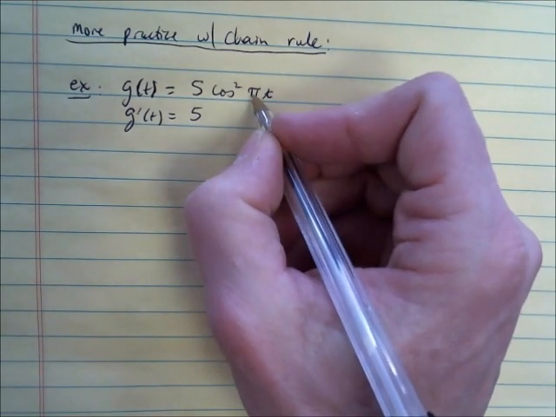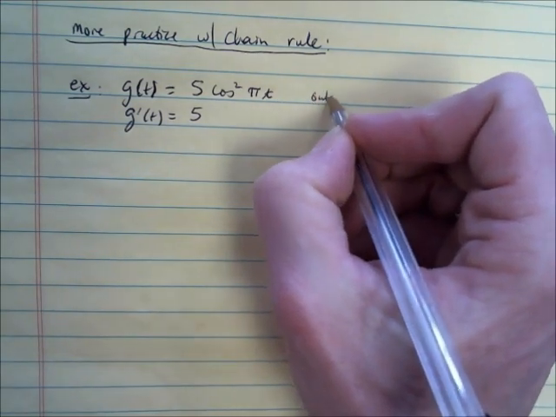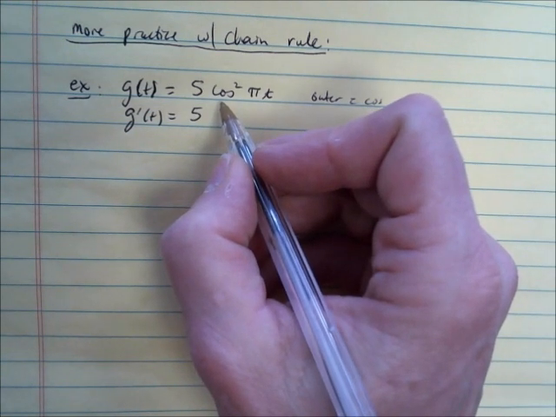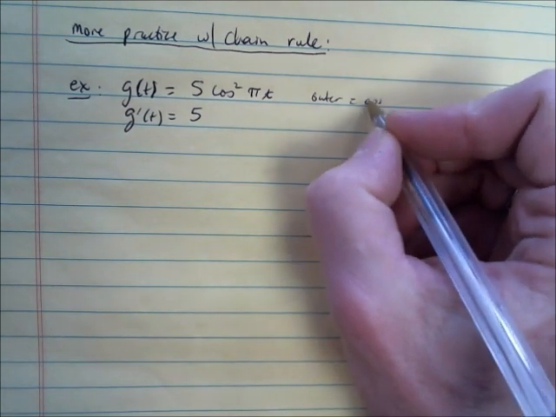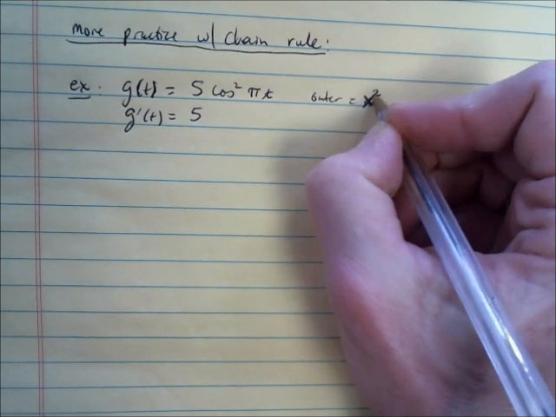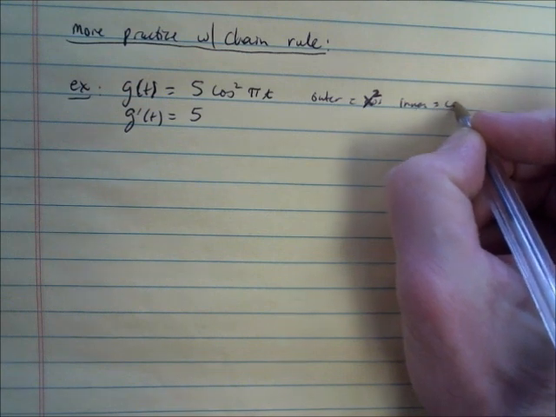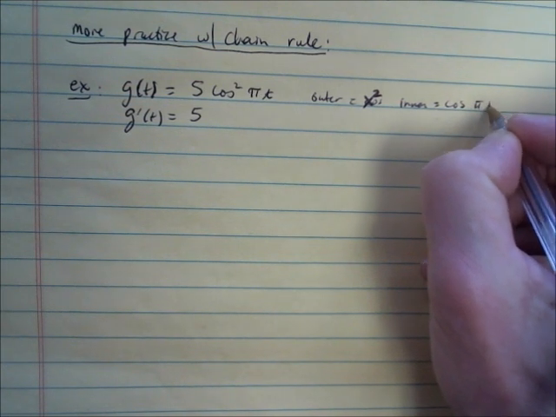We have an outer function of cosine, and the inner function, we have the outer function is x squared, and the inner function is cosine of pi t.